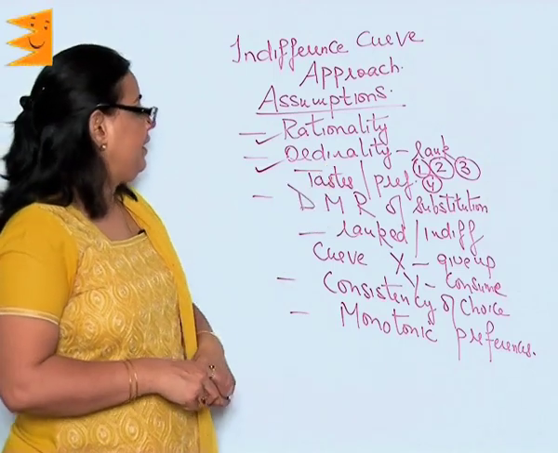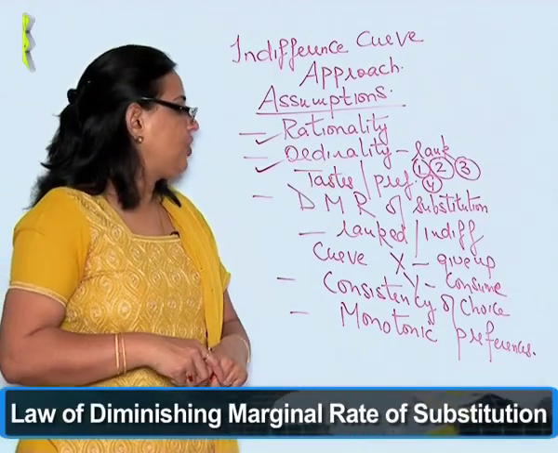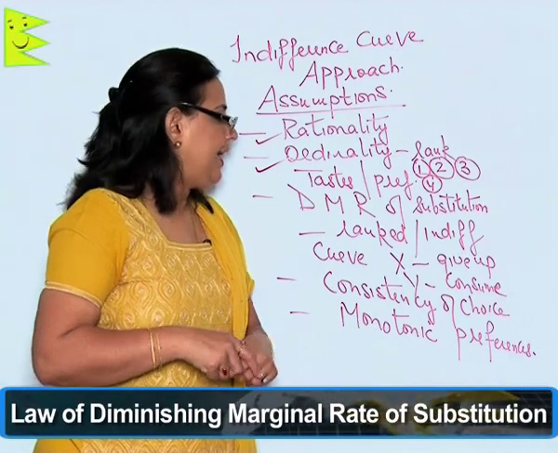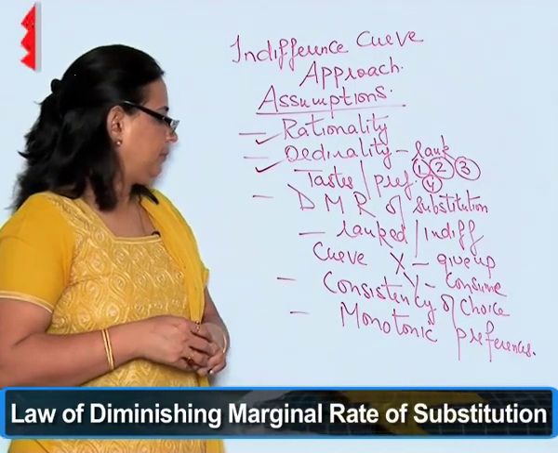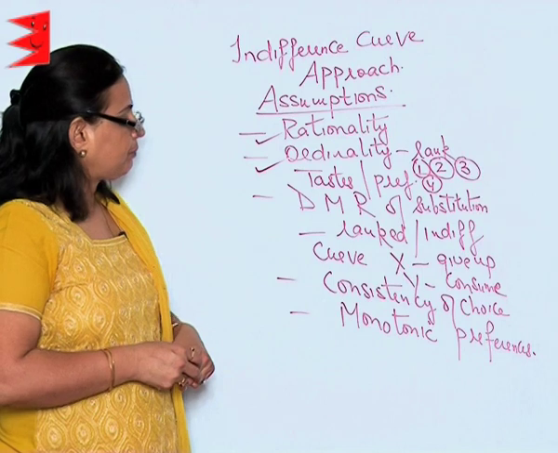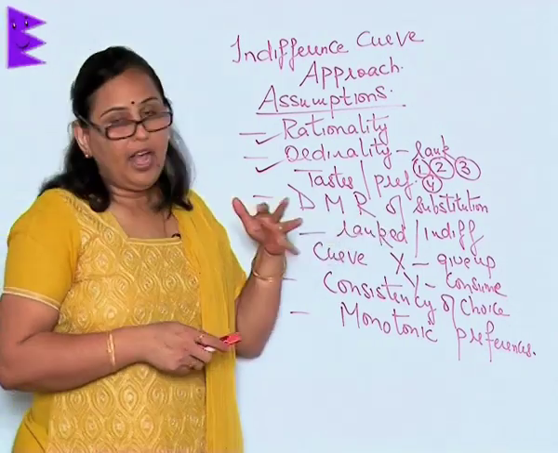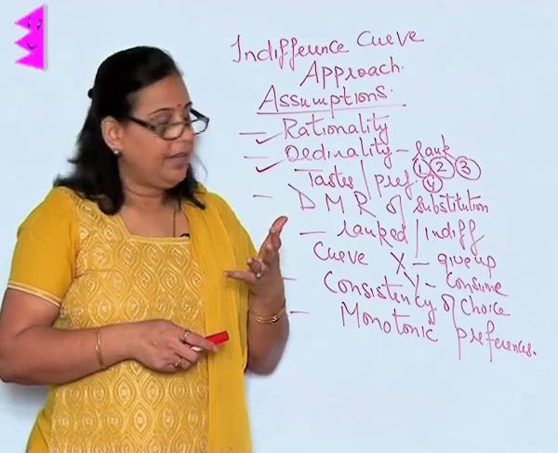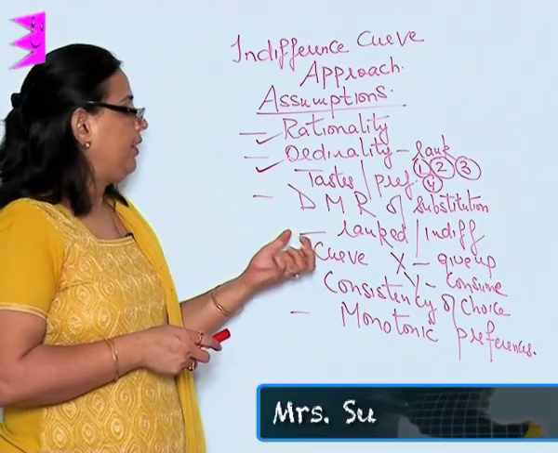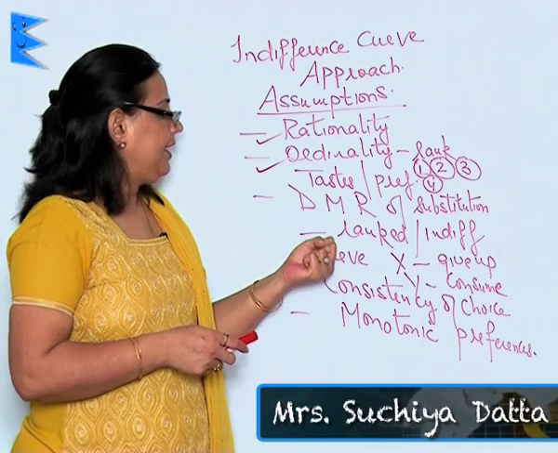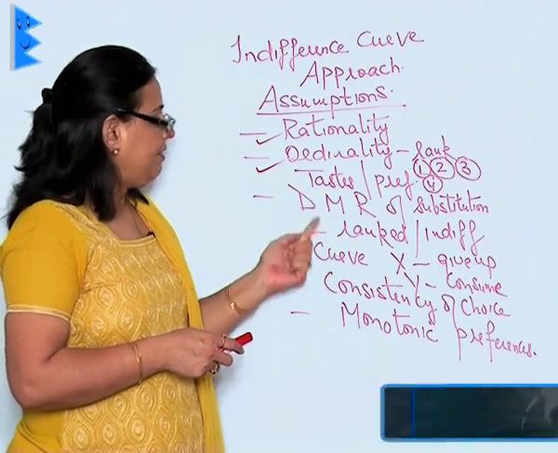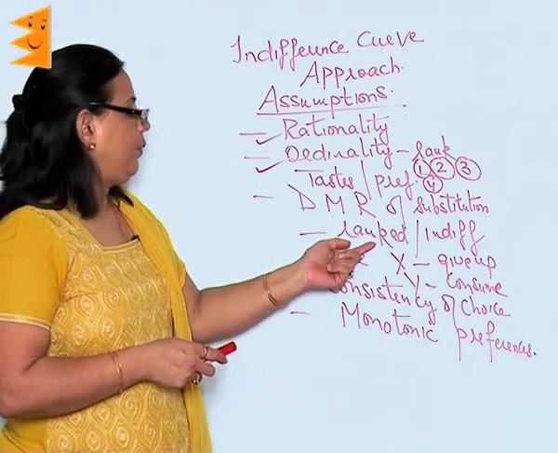Third is the law of diminishing marginal rate of substitution. That is to say, whatever I buy, I should be able to rank it, in the sense that the indifference curve gives a ranking to it.